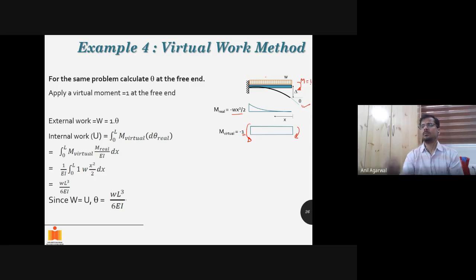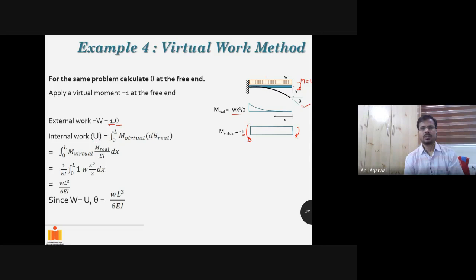This virtual load, that is moment, is applied and it is still acting, and the real loads are being applied. As the real loads are applied, this free end is rotating. As the free end is rotating, this virtual load, which is actually a moment, is still present and also rotating. So the external work will be equal to that virtual load multiplied by real rotation.